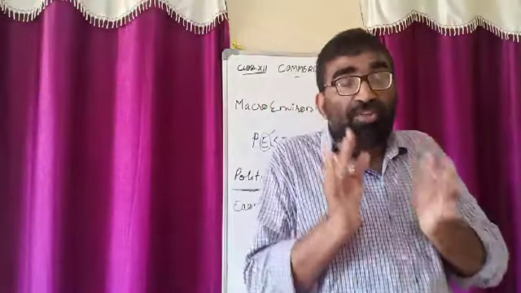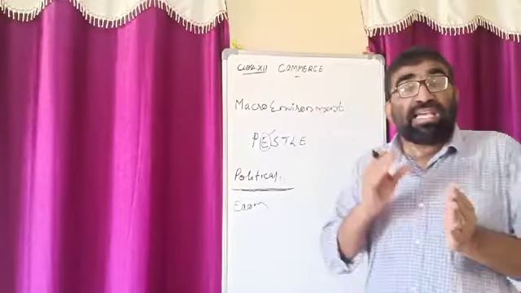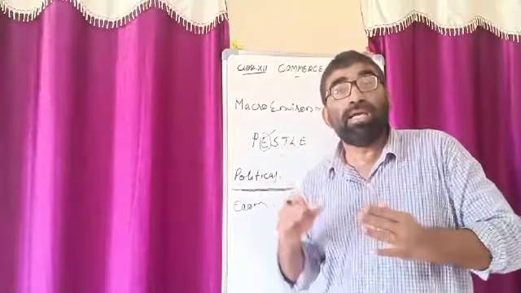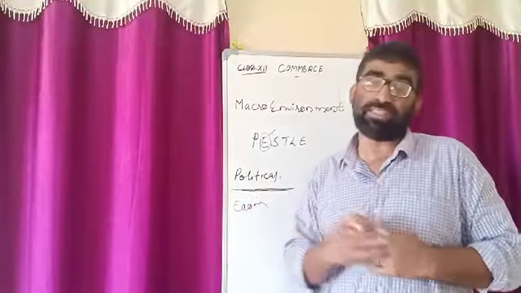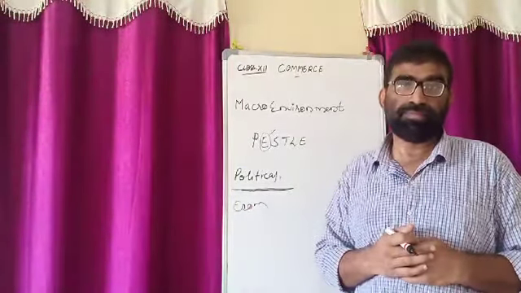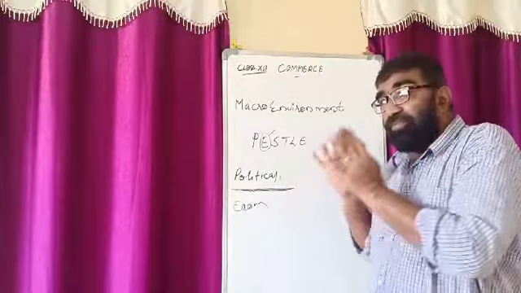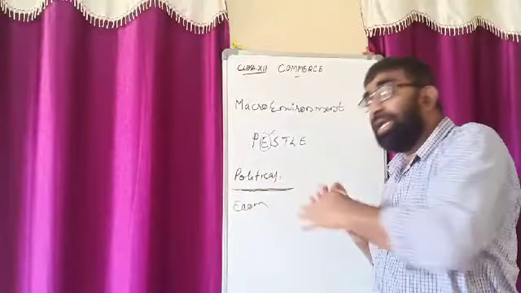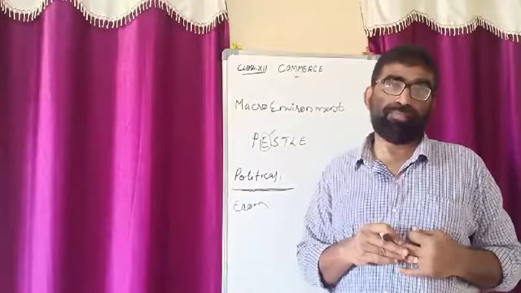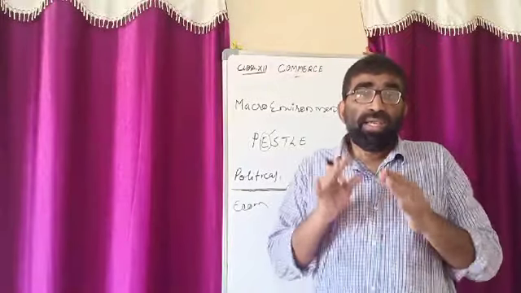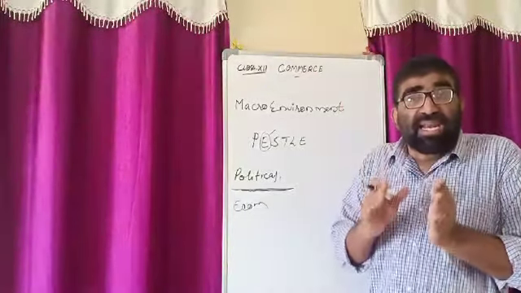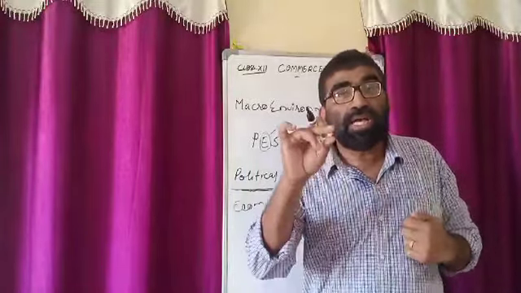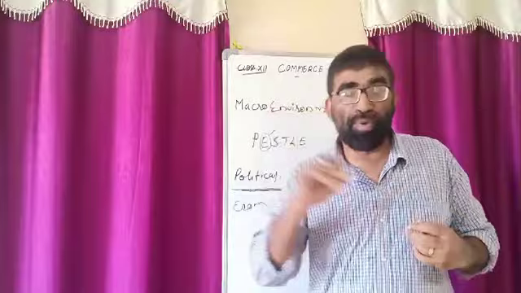This economic environment has a significant role in the industrial structure and profitability of a business enterprise. It plays a very big role in the industrial structure and profitability of a business firm.